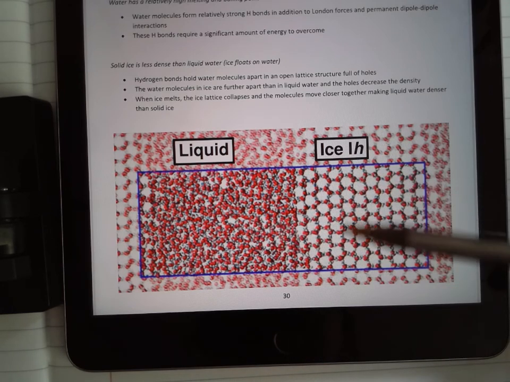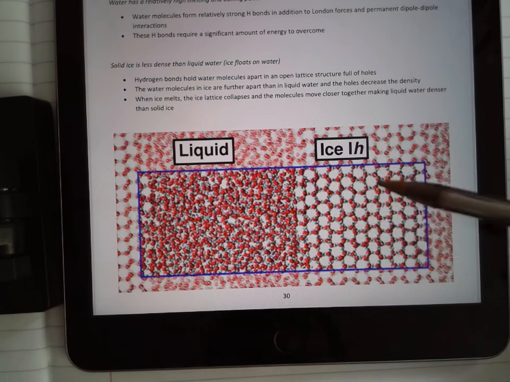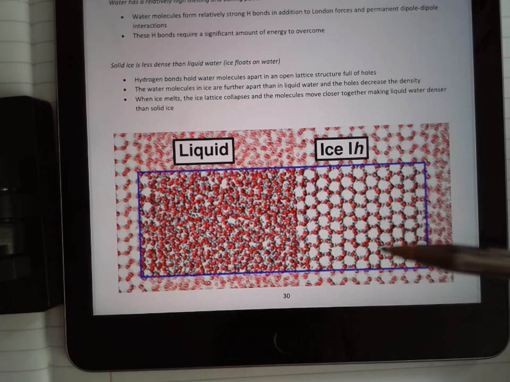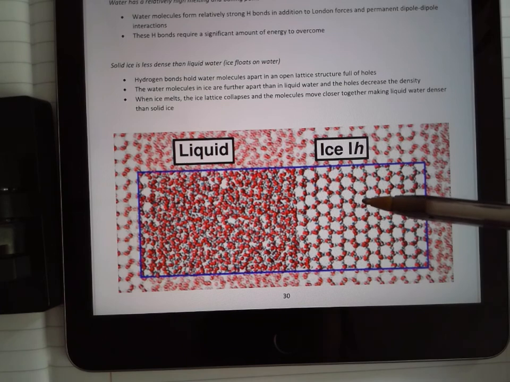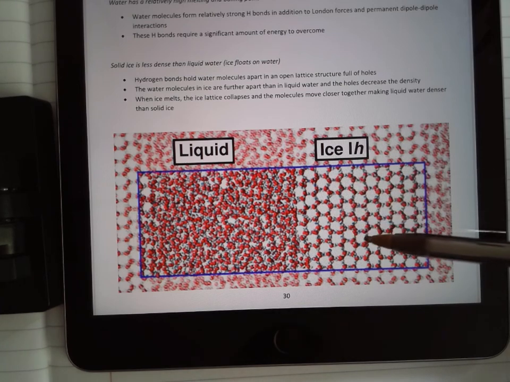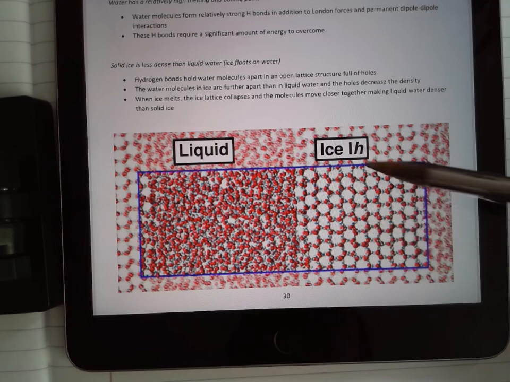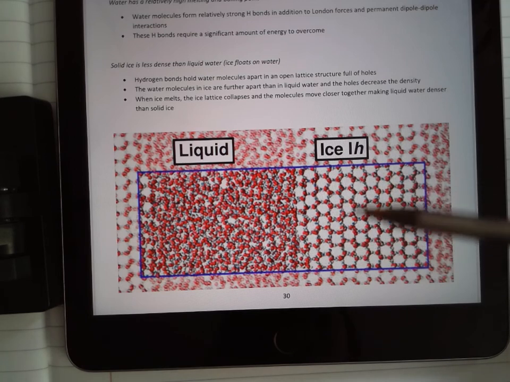Now, the reason that water molecules take on this structure as a solid is because they are trying to form as many hydrogen bonds as possible. They want to form as many hydrogen bonds as possible, and so they orientate themselves in such a way that they can form as many hydrogen bonds as possible. And this causes them to take on this open lattice structure.